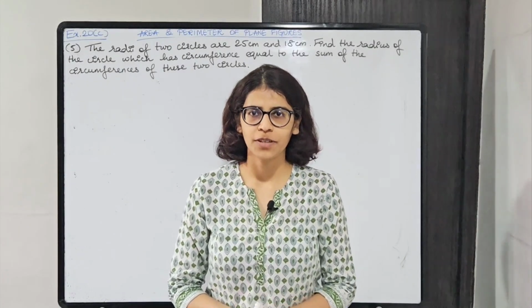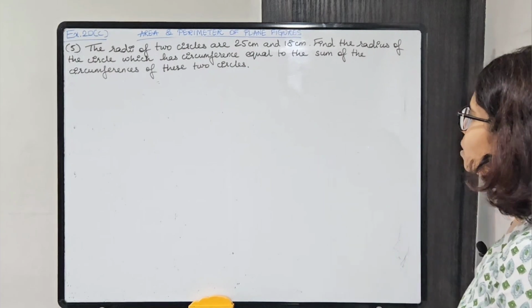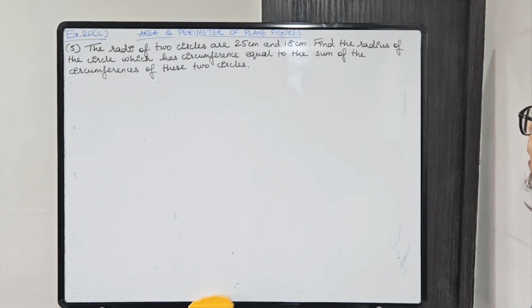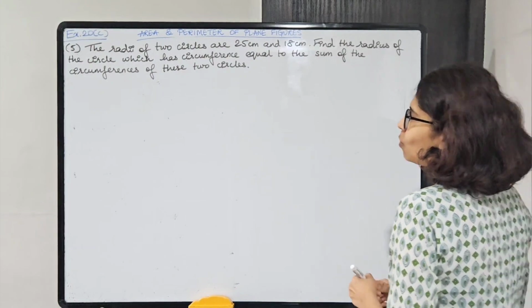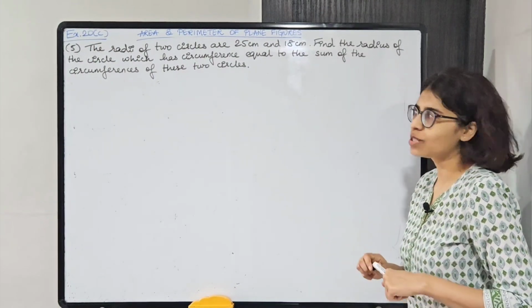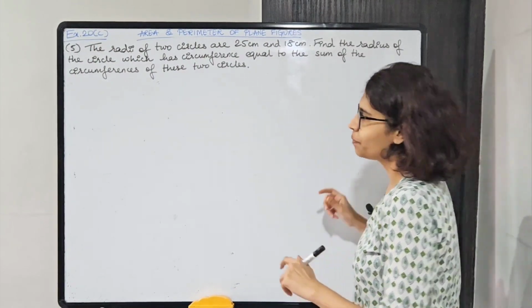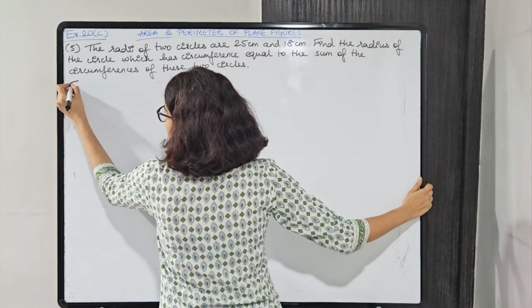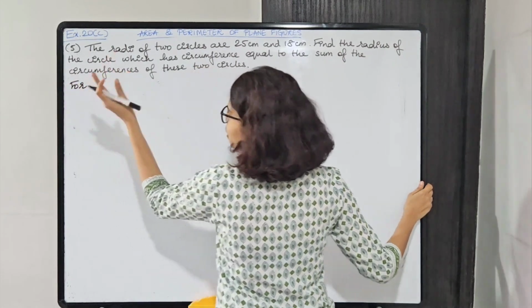क्वेश्चन नंबर 5. The radii of two circles are 25 centimeter and 18 centimeter. Find the radius of the circle which has circumference equal to the sum of the circumferences of these two circles. So there are two circles given जिसका radius दिया है. So let's number the circle as circle 1 and circle 2.